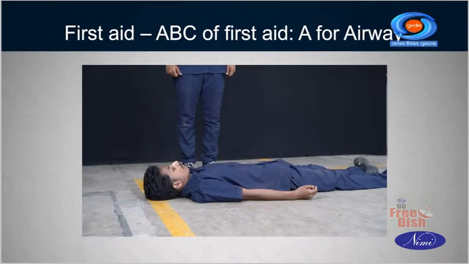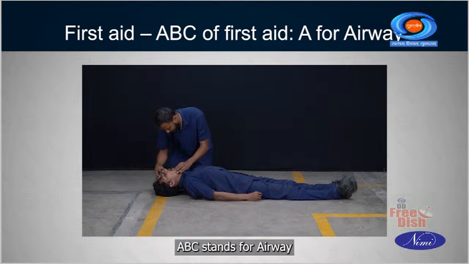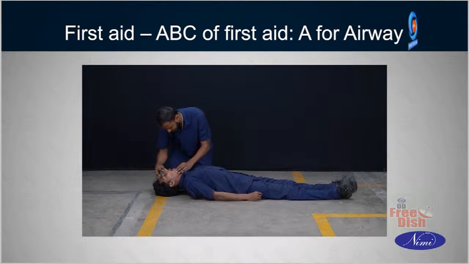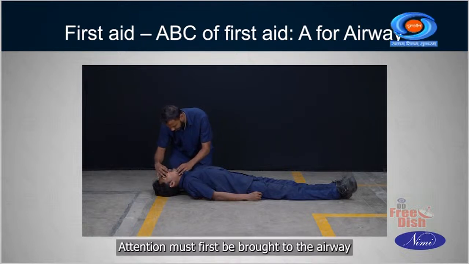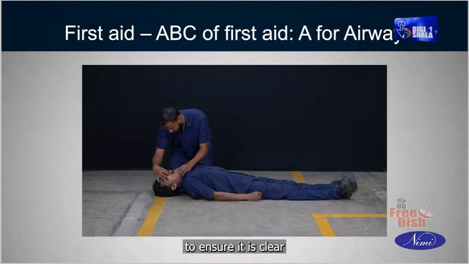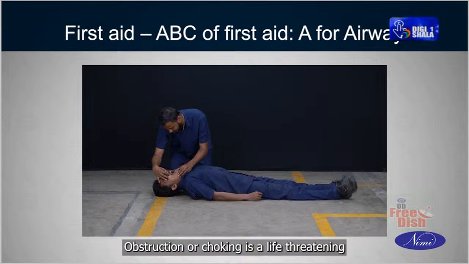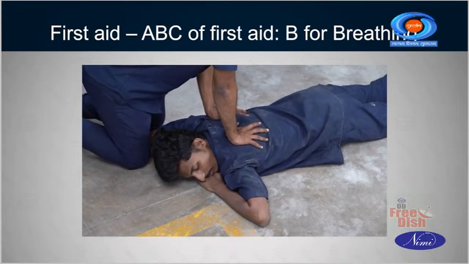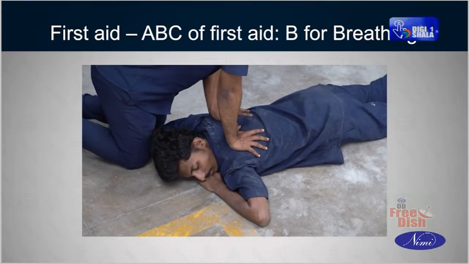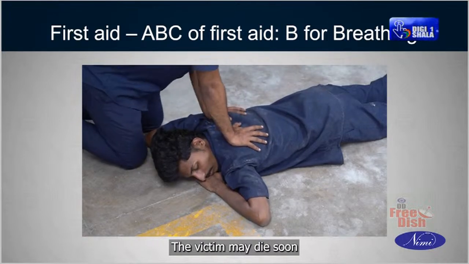ABC of first aid. ABC stands for airway, breathing, and circulation. Airway. Attention must first be brought to the airway to ensure it is clear. Obstruction or choking is a life-threatening emergency. Breathing. Breathing, if stops, the victim may die soon.